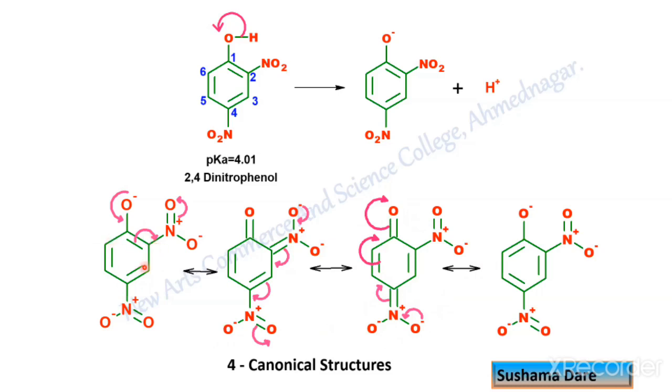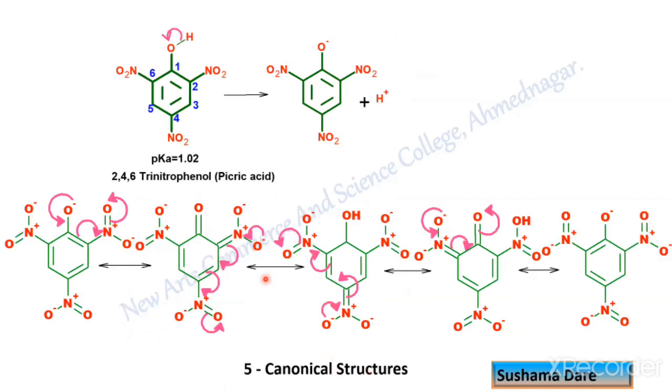So three positions where the carbon carries the negative charge, that is three canonical structures, and every time the nitro group takes part in the delocalization. So this is the fourth and this one is the fifth. So how many total canonical structures are possible for 2,4-dinitrophenol? There are 4 canonical structures, but here I am showing only 4.